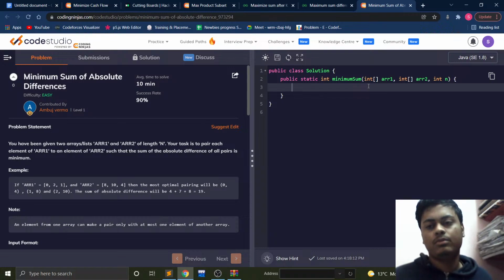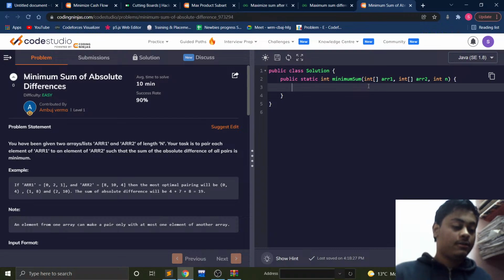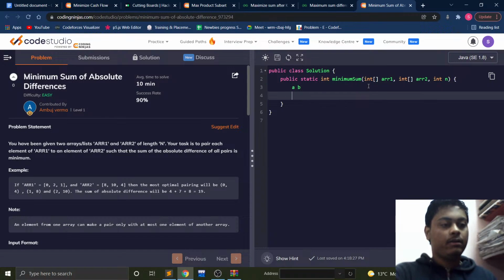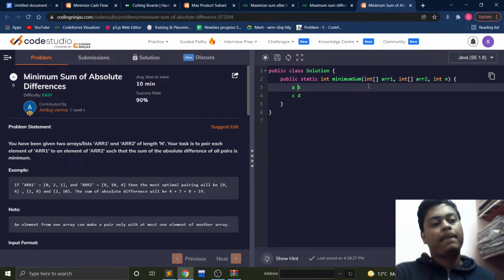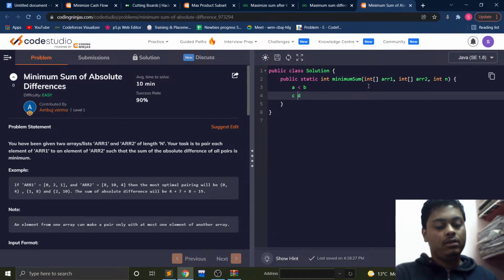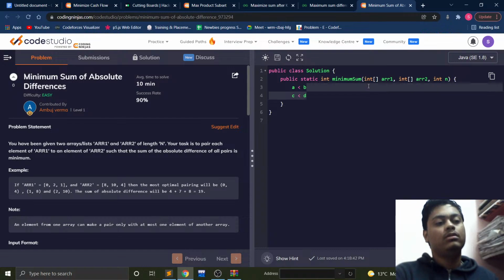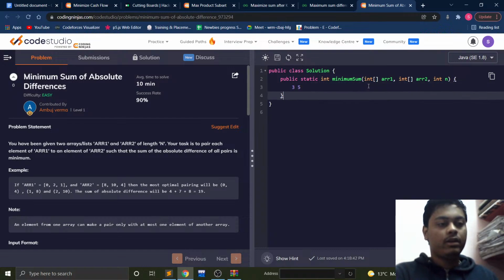Why do I say so? Because let's suppose I have some values a and b which are paired up with c and d. Like I have here 3 and 5, here I have 2 and 7.